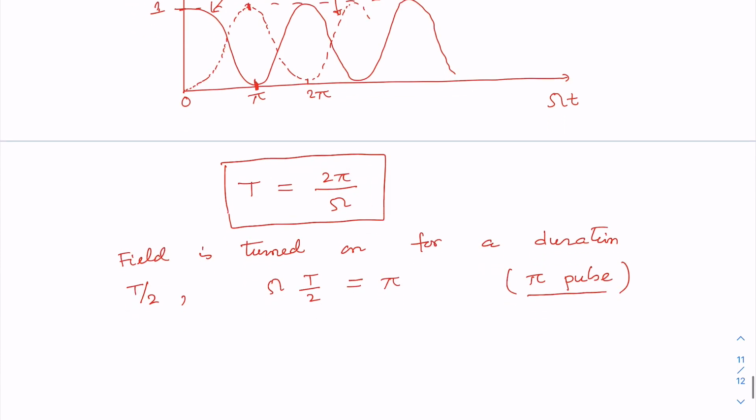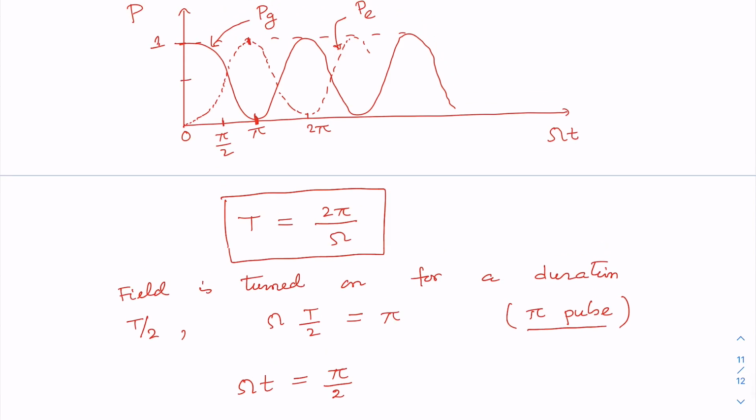On the other hand, if we have this product as, say, pi by 2, if your Ωt is equal to pi by 2, in that case this will refer to this particular point, pi by 2. Actually this is 0.5. I'm not drawing it appropriately, so this is the point here.